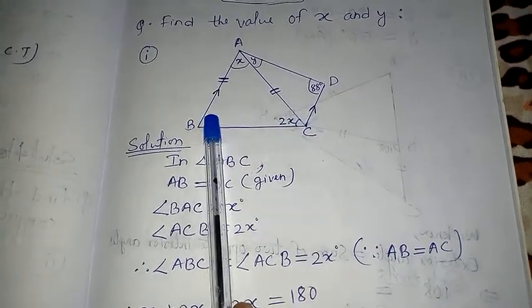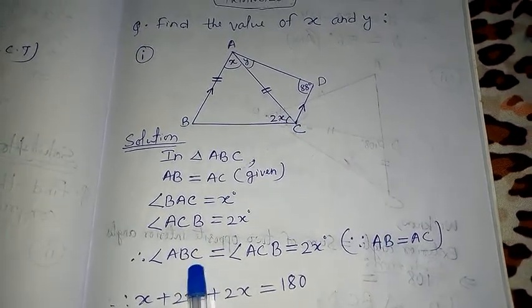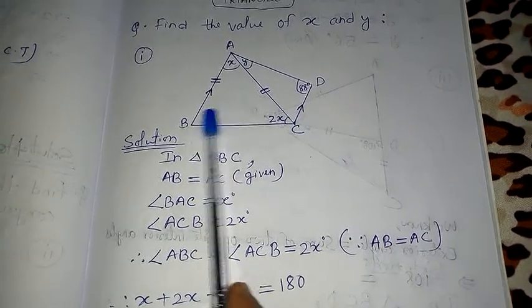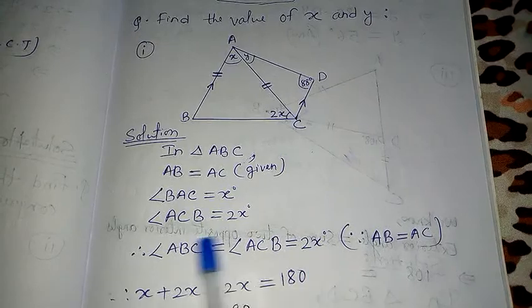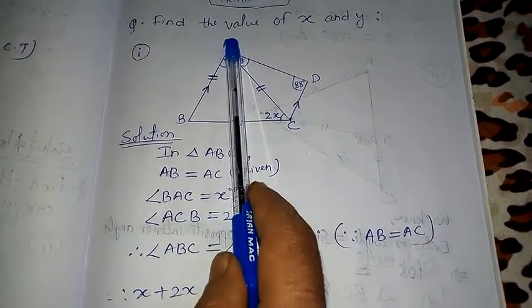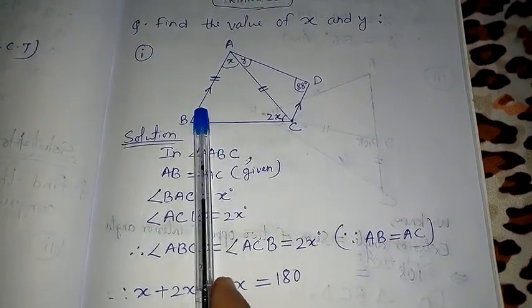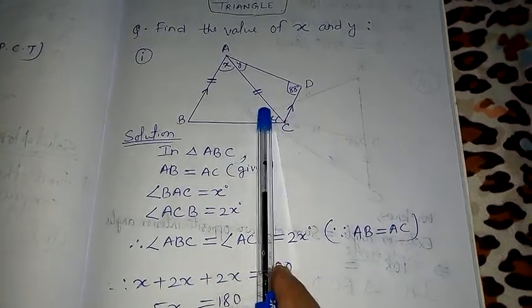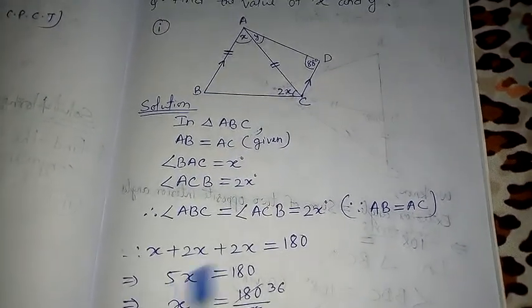So if it is 2x, this will also be 2x, because AB is equal to AC. Now both of them are called 2x each.